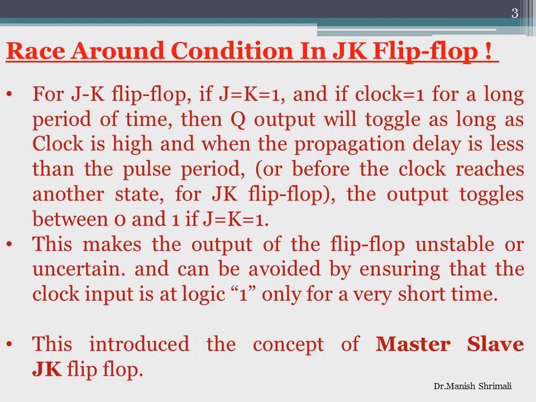That is, it switches to 0, and from 0 it switches to 1. Then again, as long as the clock is high, it switches to 0, then to 1, again to 0, then to 1. So this way it keeps on toggling, and this is also a result of the propagation delay, which is less than the pulse period.